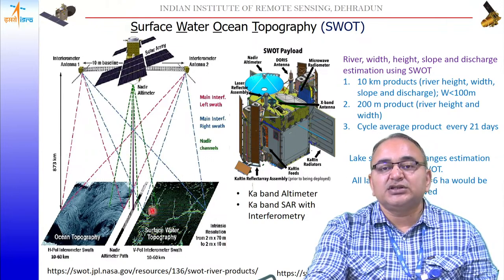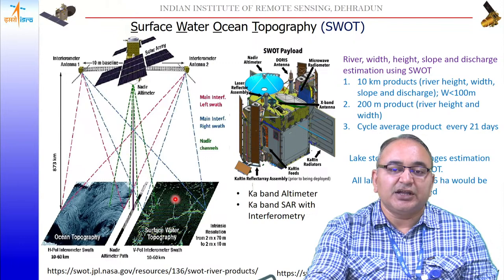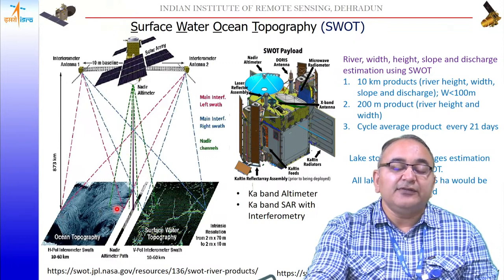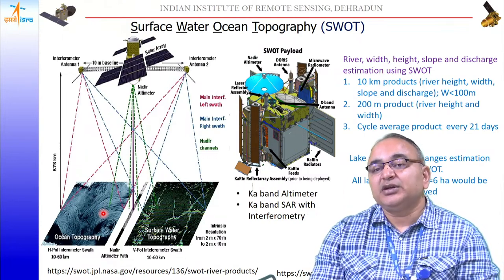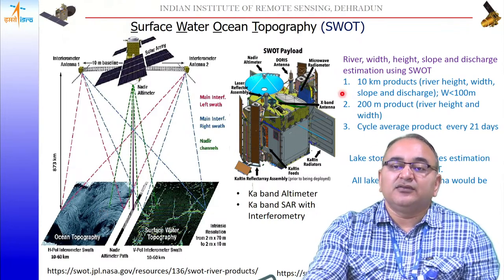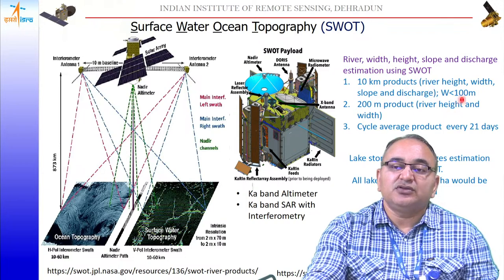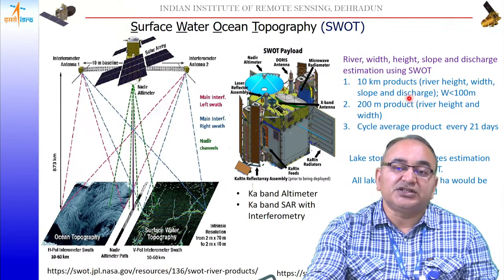So using this synthetic aperture radar setting, you can get the elevation over the water bodies. This is the basic principle of wide swath altimetry. And once the calibration process is complete, for all the rivers having a width of 100 meters or higher, you will get the water height, width, slope, and discharge.